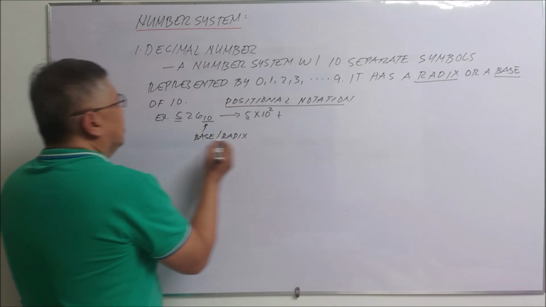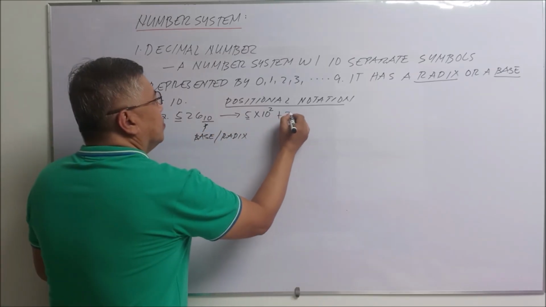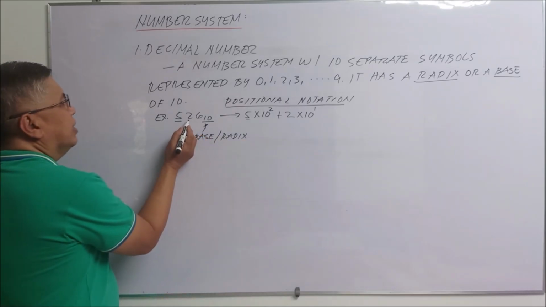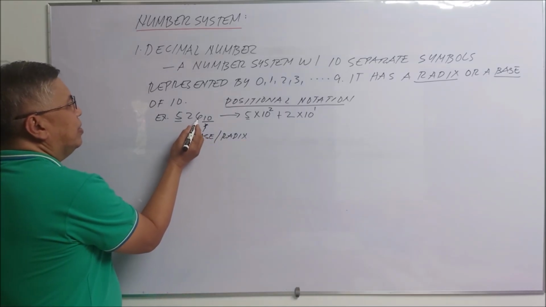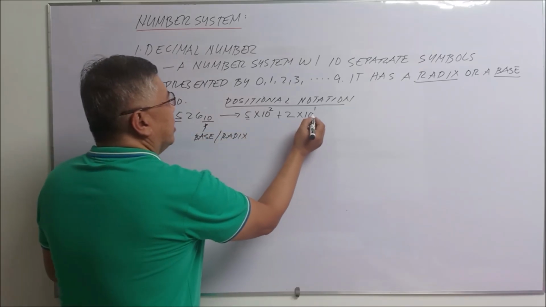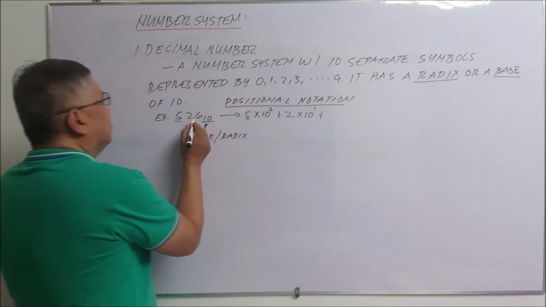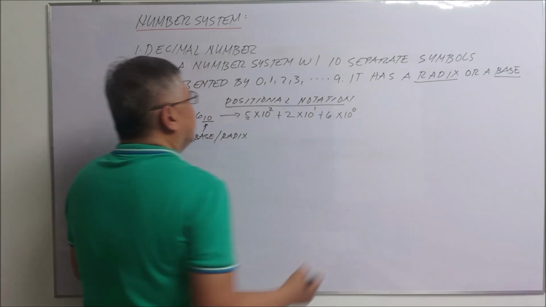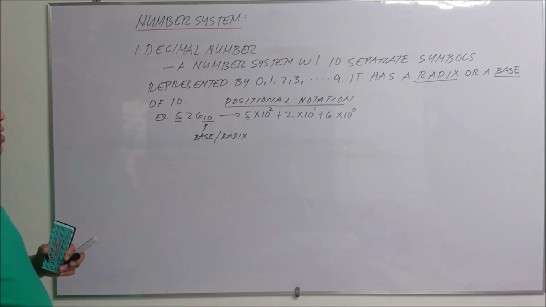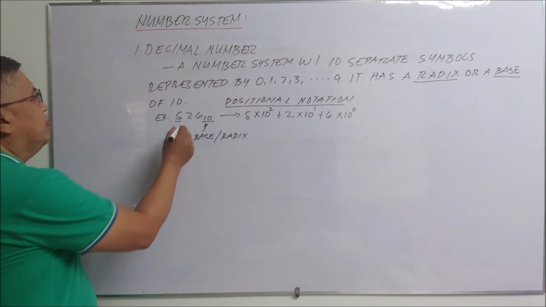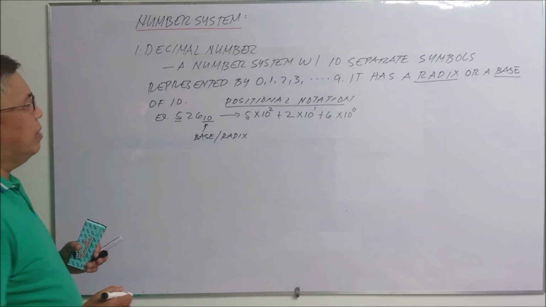Plus 2 times the base 10 to the first. Only one digit is to the right of the 2, the 6. So you have 2 times 10 to the first plus 6 times 10 to 0. Okay? So that is the positional notation of this particular decimal number.